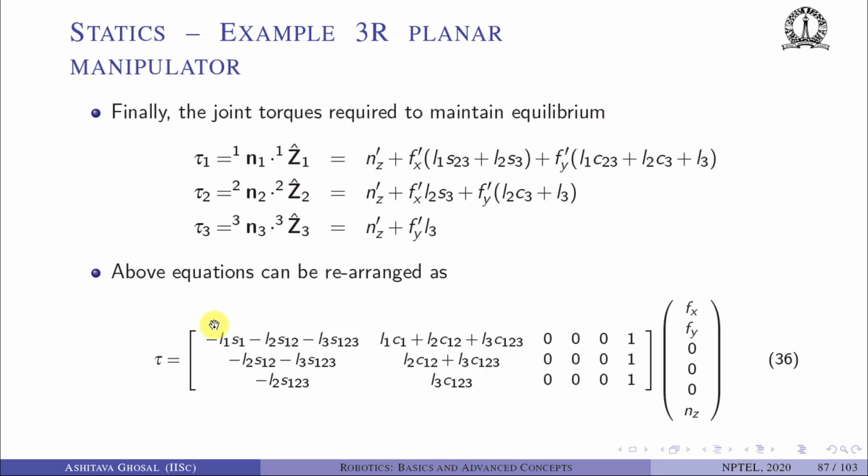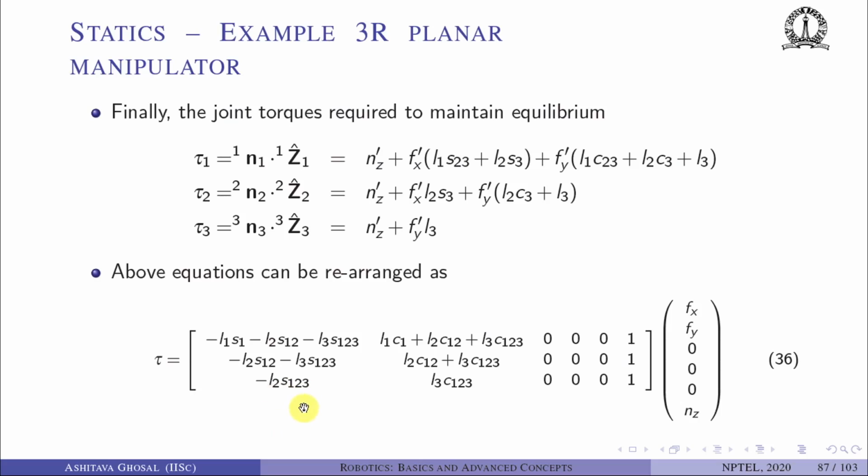And this, we have a matrix with elements like this. So the first element is minus L1 S1, minus L2 S12, minus L3 S123, then L1 C1 plus L2 C12 plus L3 C123, and 3 zeros 1.